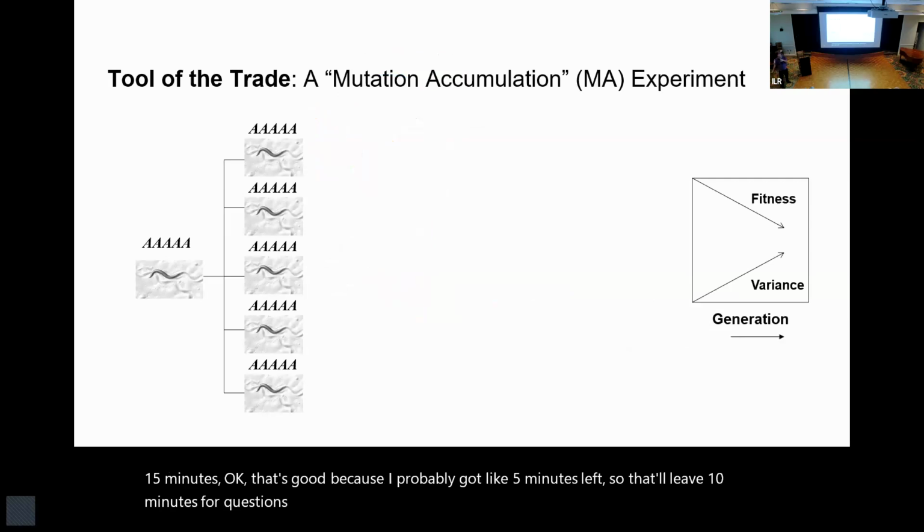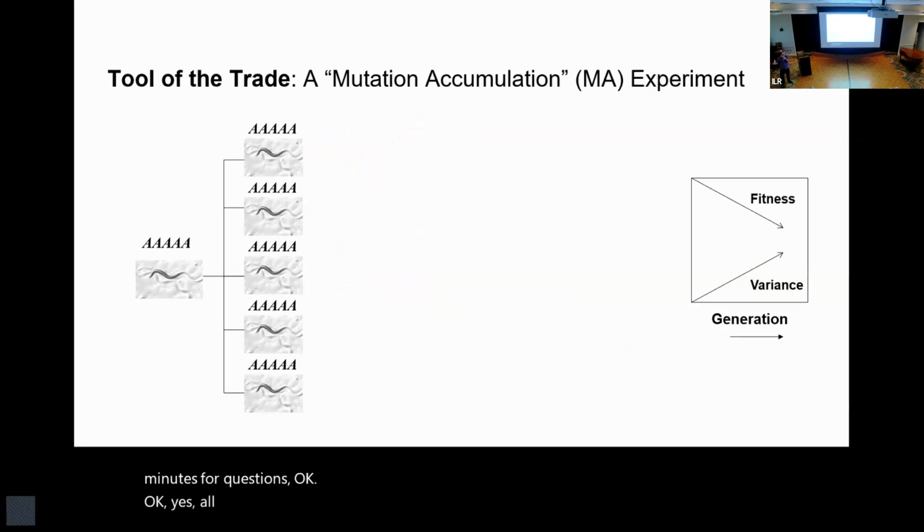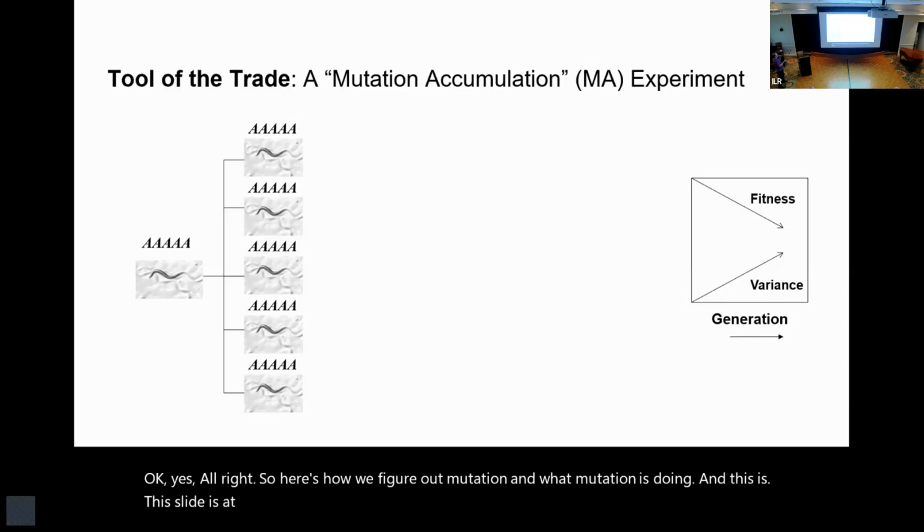Okay, so here's how we figure out what mutation is doing. This slide is at least going on 20 years old now. We do what's called a mutation accumulation experiment.